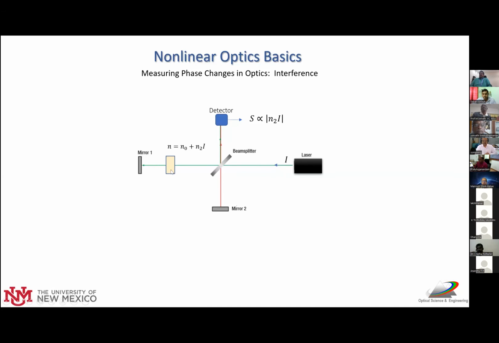As you change the intensity, one arm's path length changes due to the index of refraction, and you measure a signal proportional to the absolute value of n2 times I. So these interferometers would not necessarily give you the sign of the nonlinearity, but the bottom line is that you need interference to measure the phase.